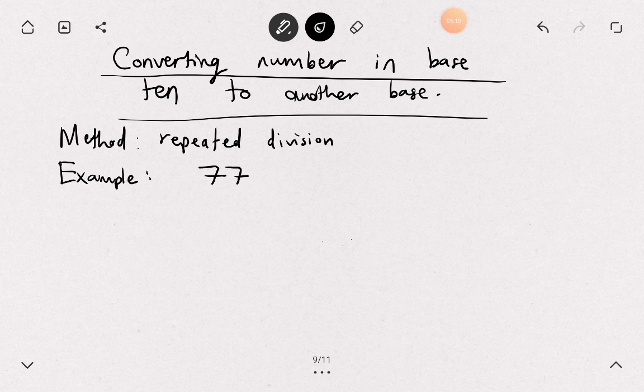This is in base 10. I want to now convert this number to base 8. So how do I do this? To start my repeated division, I first take the number in base 10, which is 77, and I divide it by the base 8.